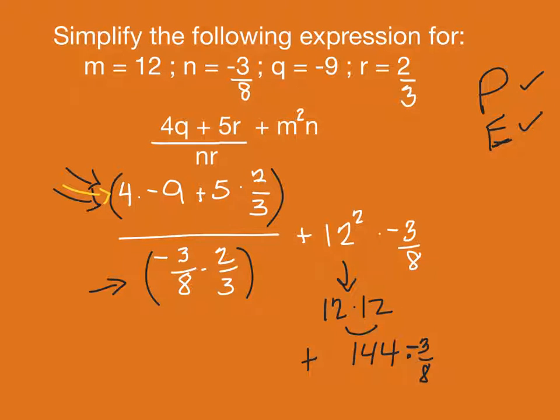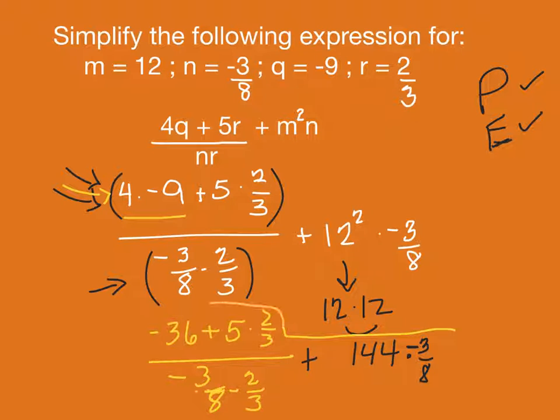So I'm just going to do this easy one right now, which is 4 times -9. 4 times 9 is 36, and that, of course, becomes negative, so it's -36 plus 5 times 2/3 divided by -3/8 minus 2/3. And that's, of course, added to this.